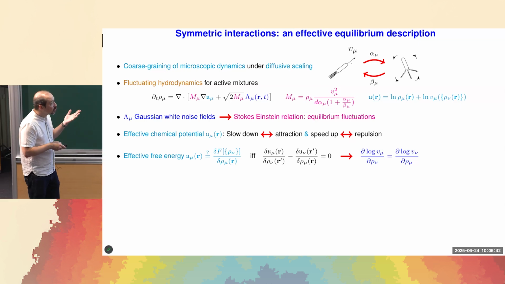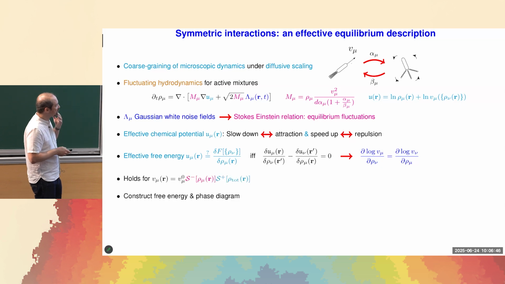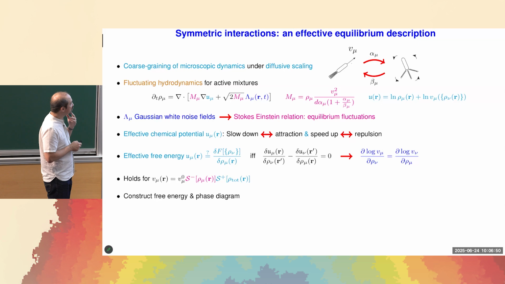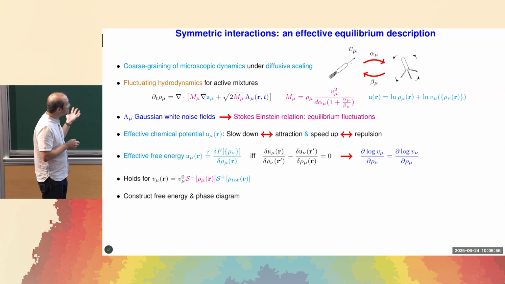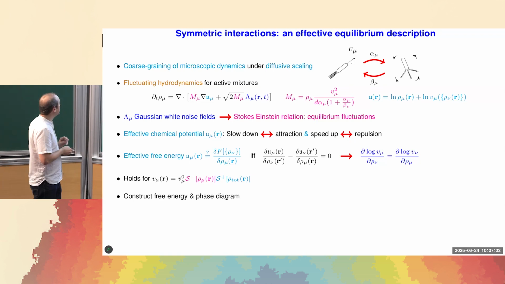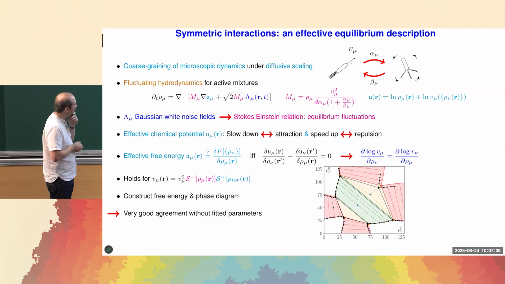This is a very weird relation that I don't know any way of guessing from the microscopic level, but it holds for the choice of function that I chose on the previous slide. And so when you have that, you arrive at a bona fide free energy. You're happy. You can extremalize it, minimize it, and predict the phase diagram.